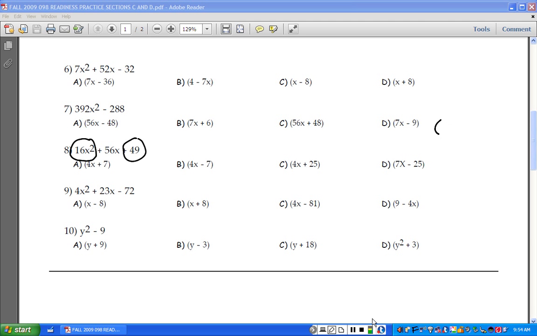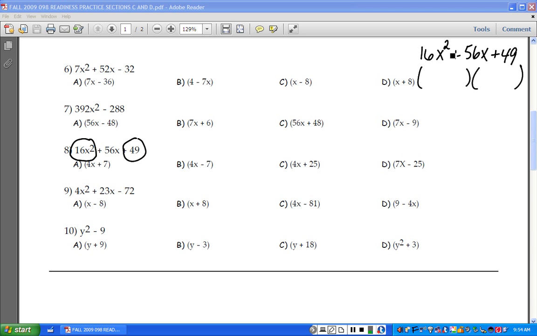Tell yourself that when you see perfect squares as the first and last term, it's typically not by accident, it's intentional. So if we know we're dealing with perfect squares, let's try to factor them using their square roots.